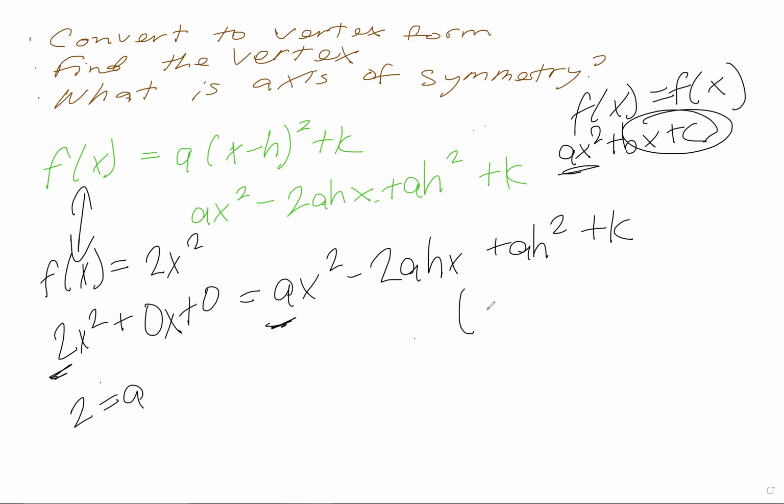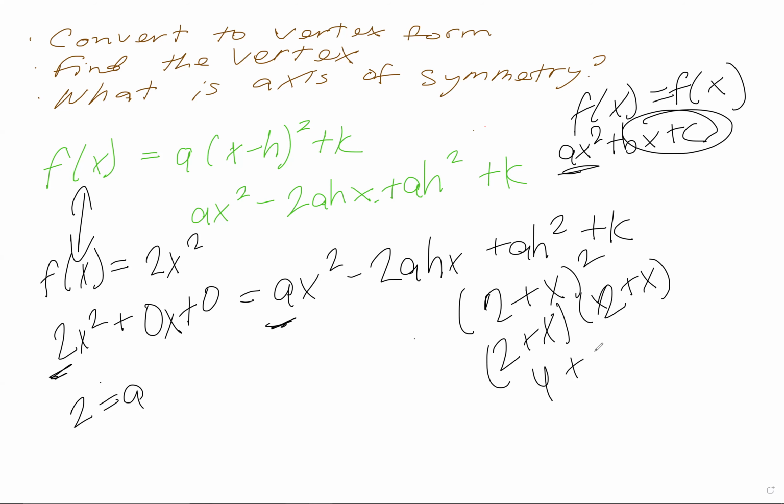Okay, so let's say 2 plus x squared. That's like 2 plus x times 2 plus x. Then you do the FOIL, and that'll give you 4 plus 2x plus 2x plus x squared.